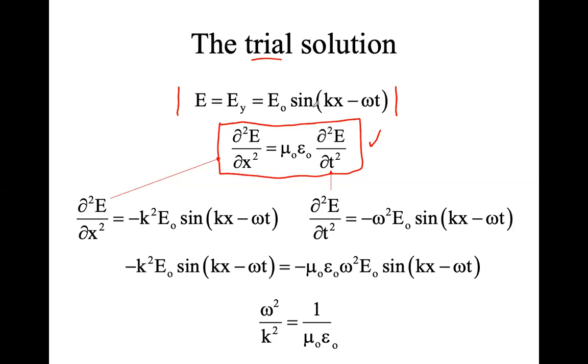Okay, so the question is this trial solution, is this guess right? And I ran through this really quickly. You have to take a second derivative of this solution with respect to x, and a second derivative with respect to time. And I just jumped right to the second derivative. I see people trying to do that in all the classes I teach.